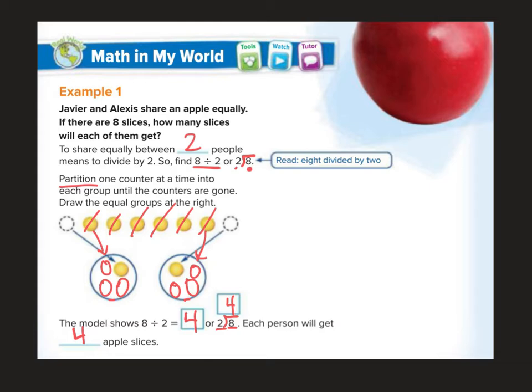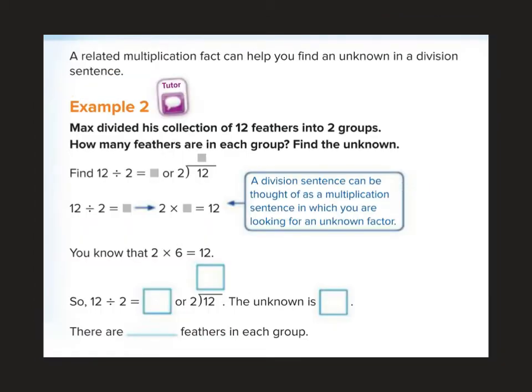All right, let's look at another example. A related multiplication fact can help you find an unknown in a division sentence. Once we get really good at those multiplication facts, they really do help us with division. Max divided his collection of 12 feathers into 2 groups. How many feathers are in each group? Find the unknown.